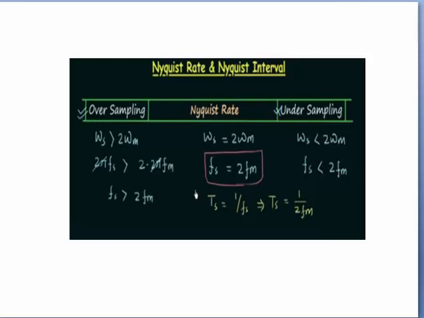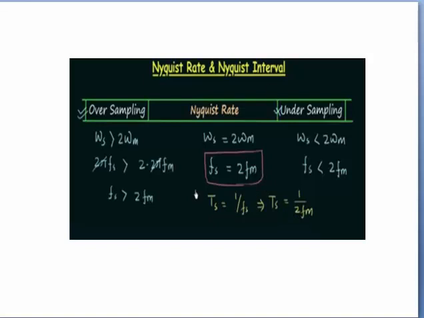In questions, they will ask you to calculate the Nyquist rate, which means you need to calculate fs, and if they ask you to calculate the Nyquist interval, then you need to calculate Ts. Both parameters can be found after calculating fm. fm is the maximum frequency component of the message signal.